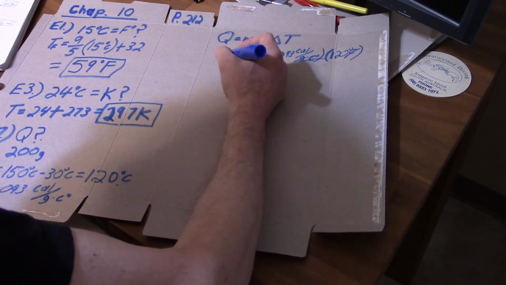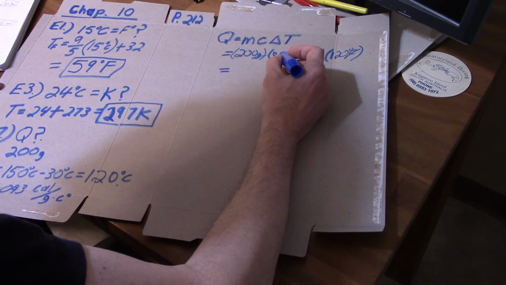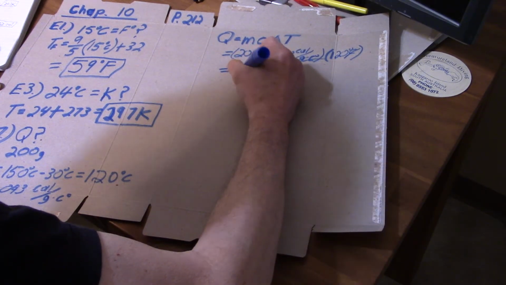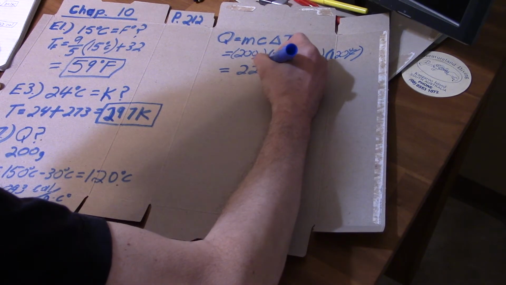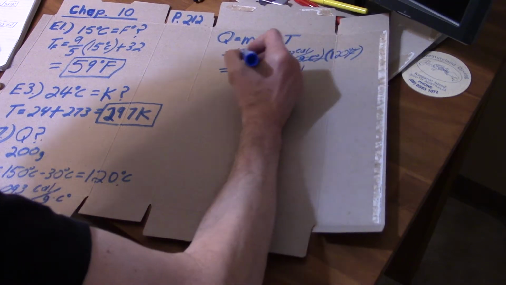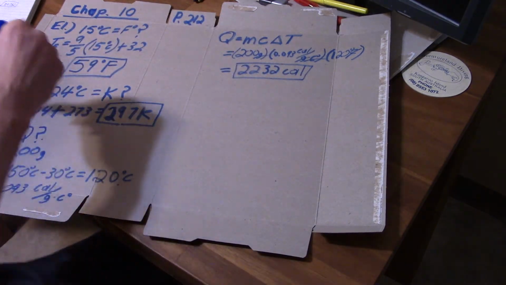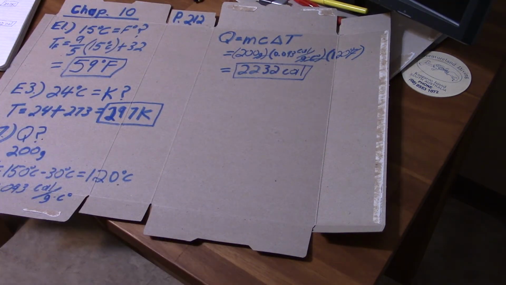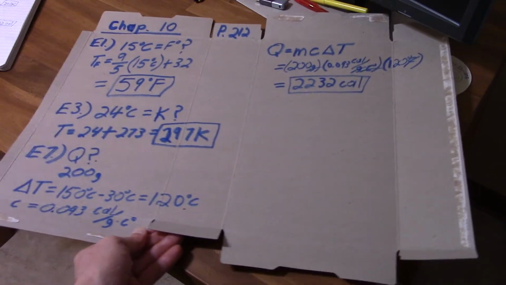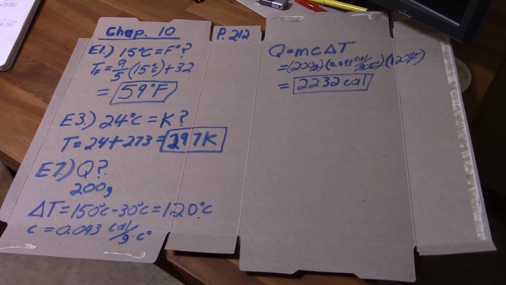So this equals 200 times 0.093 calories times 120, and you get 232 calories. That's number 7.